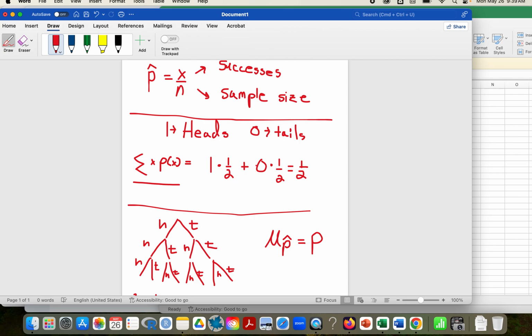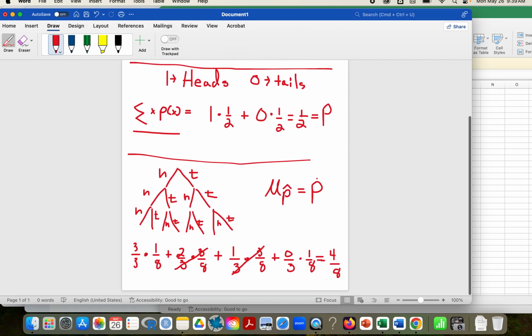And the second x is 0, and that can occur half the time because the 1 is the heads and the 0 is the tails. And so we're looking at an overall probability of a half. And so this, our population proportion, we're going to see, is going to end up being the mean of our sampling distribution. So what is a sampling distribution?